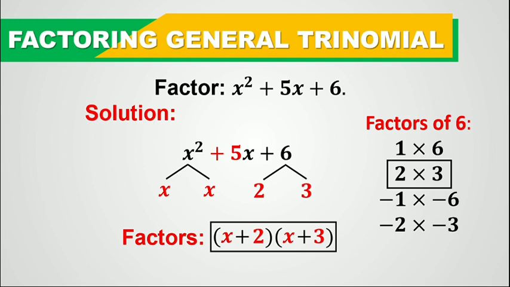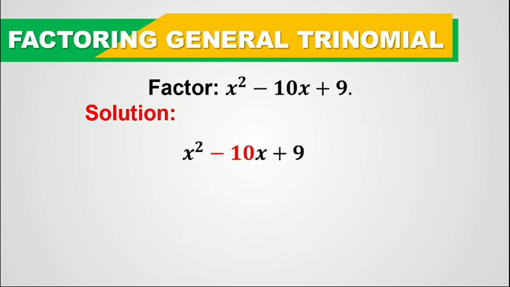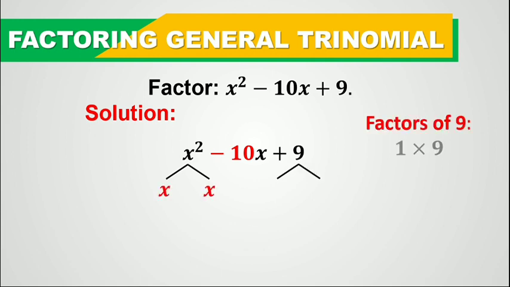This is the answer for this particular example. Alright? Now, what about this one? Let's factor x squared minus 10x plus 9. Again, factor the first term first. x squared, that's x and x. How about 9? The factors of 9 are 1 times 9, 3 times 3, negative 1 times negative 9, and negative 3 times negative 3. And which of the factors, when you add them, the answer is negative 10, which is the numerical coefficient of the middle term?